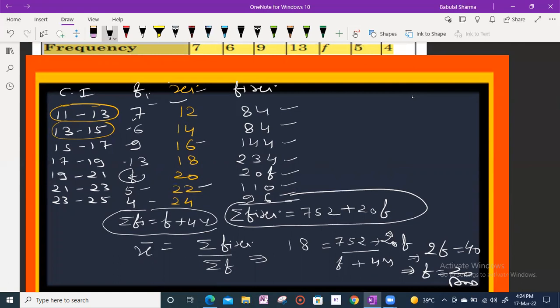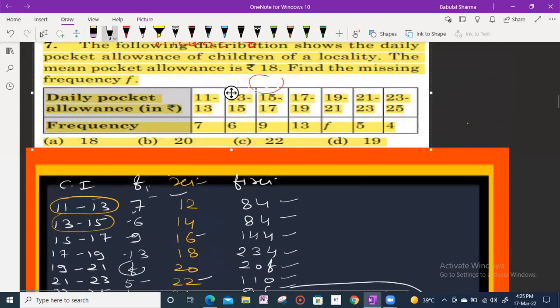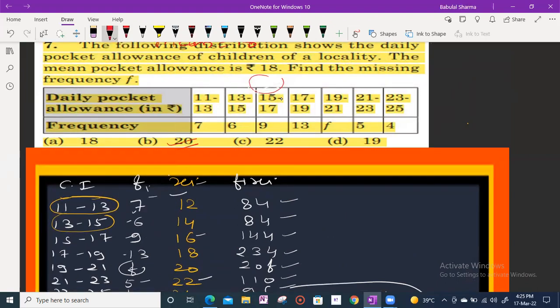Then we used the formula for the mean, and on calculating we get the frequency, that is 20. Can we check your answer? Yes. So B is the correct option here, students.